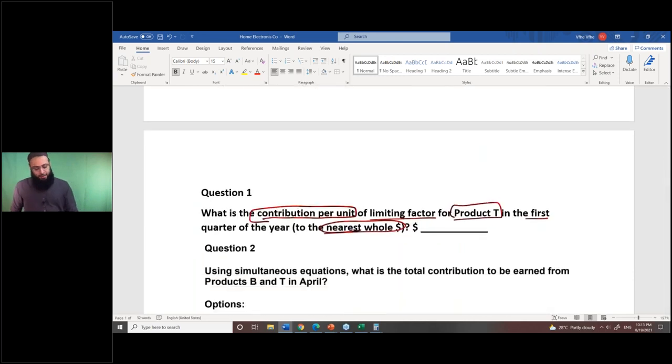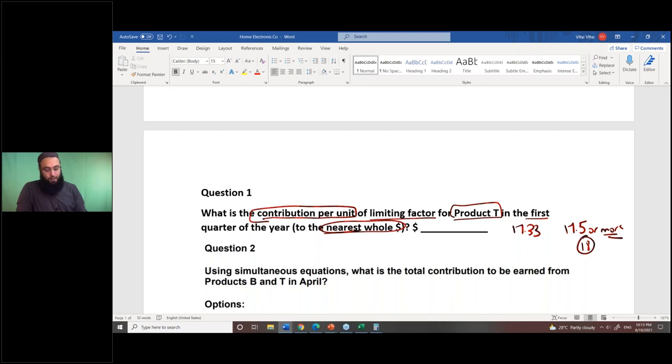The answer is 17.33, but if you input 17.33 here, you will not get the marks. You will lose 2 marks because it says nearest whole number. It's very simple. If this would have been 17.5 or more, listen, 17.5 or more, you would have made it 18.